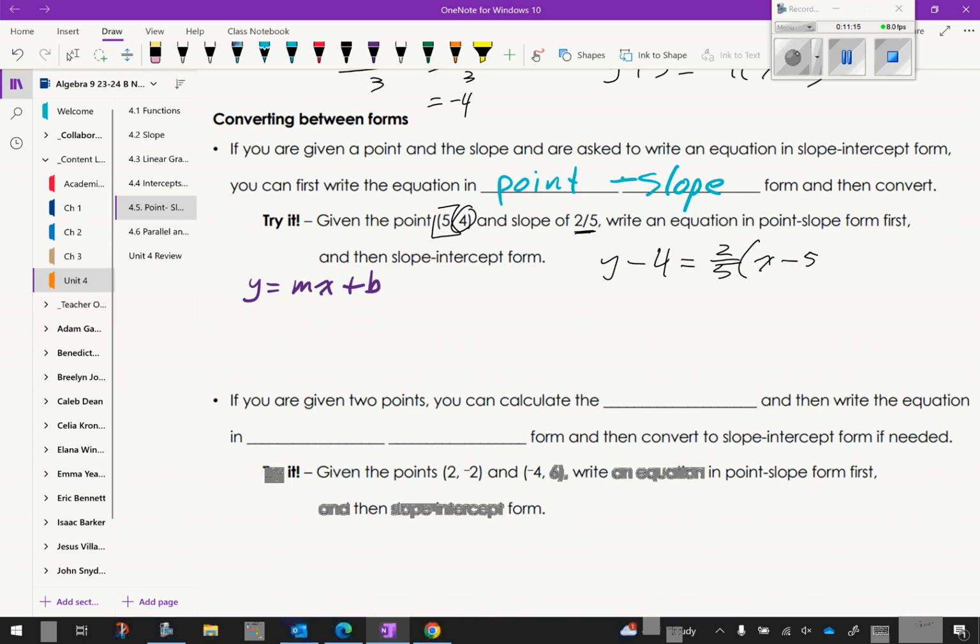So the first thing we're going to need to do to get it from point-slope form into slope-intercept is distribute. Let's leave the y minus 4 alone for the moment. 2/5 times x is, well, going to be 2/5 x, and that looks very similar to what we need here.